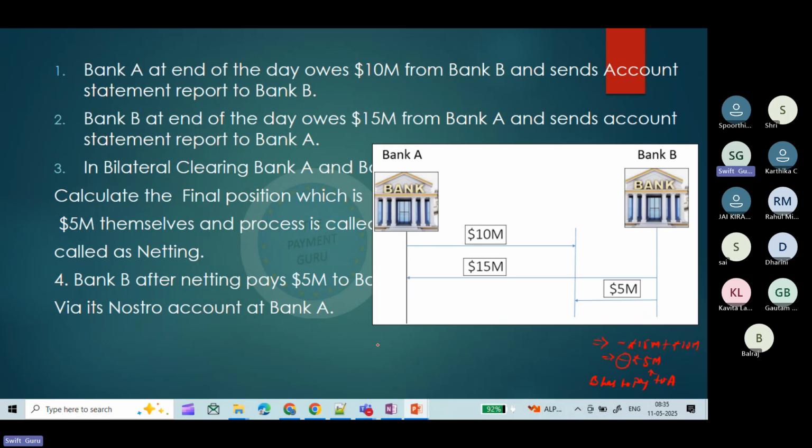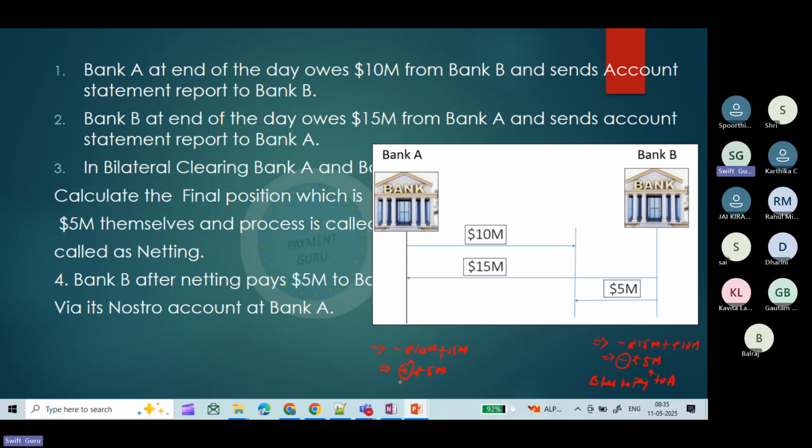From Bank A's point of view, the outward request they have sent out is minus 10 million, a request to make a fund transfer. And they have received a request of settling down the 15 million. So incoming, it will be a plus position, 15 million. So that will become a plus 5 million.